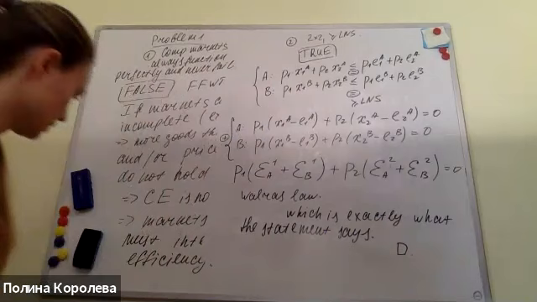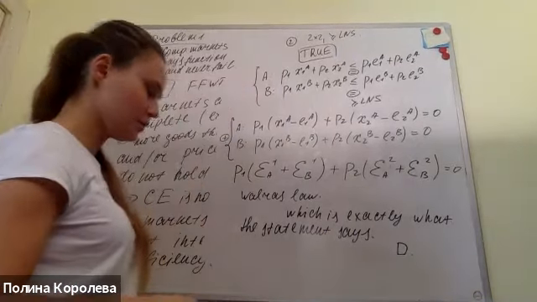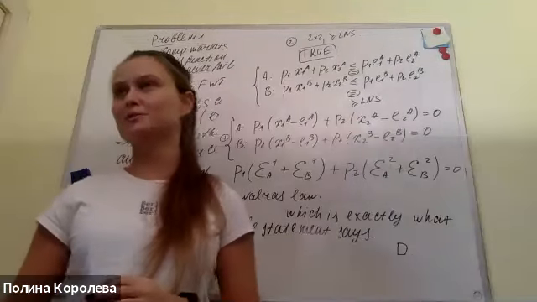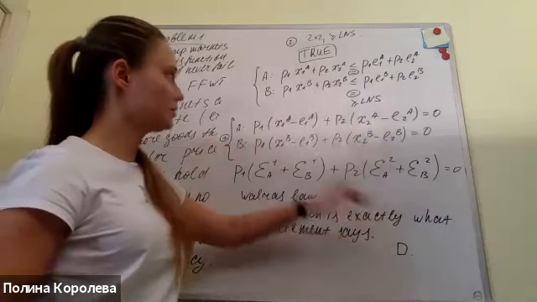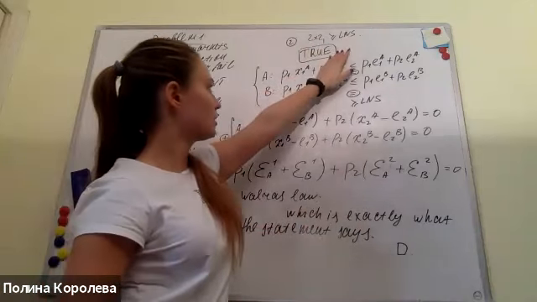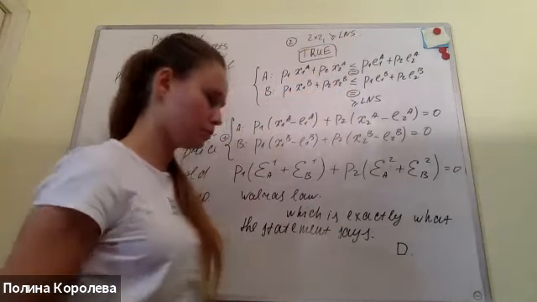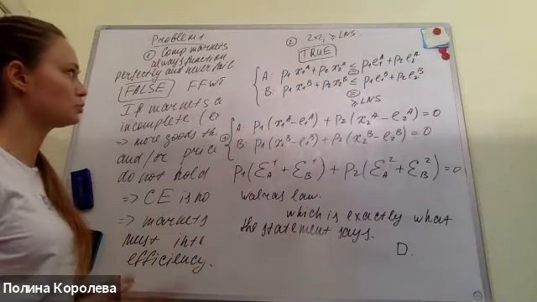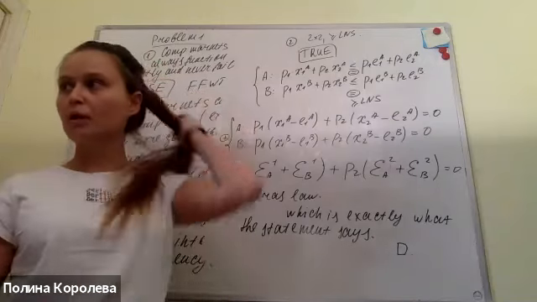And you see that when the statement is false, it is easier to find a counterexample than to prove in general that the statement is true. But you should know how to prove true statements and false statements at the same time.